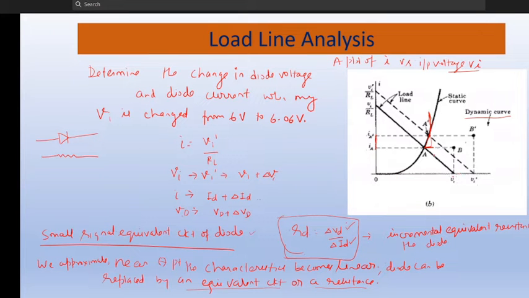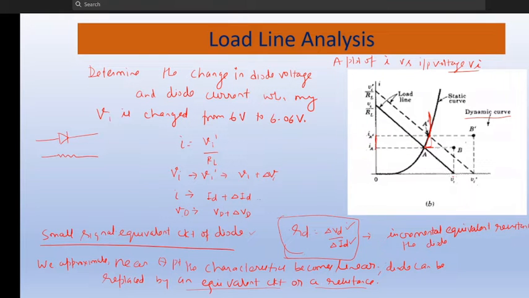Whenever the input signal changes, this load line will change, and the operating point will change. There are many other factors also in the circuit, like temperature, which is a big thing. Due to the temperature effect, this Q point shifts automatically.